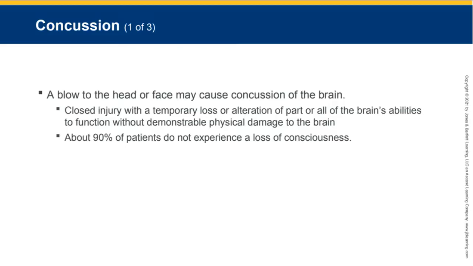So the individual gets hit in the head or face and the brain is jarred, but there are no physical injuries to the brain, but the patient is presenting with signs and symptoms as if the brain is injured.